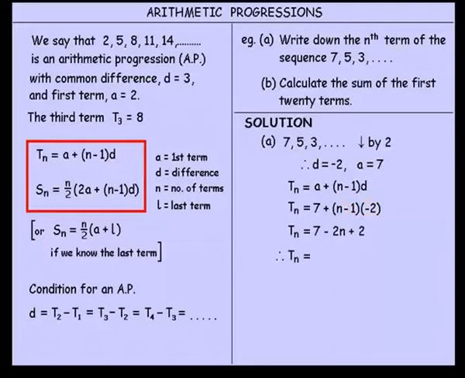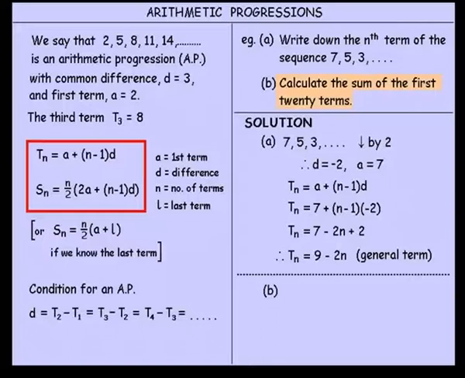So Tn therefore equals, and we simplify that, collecting the like terms, 7 plus 2 is 9, so we have 9 minus 2n. Okay, now the nth term, there we have it, Tn, that's the nth term, sometimes known as the general term. The general term.